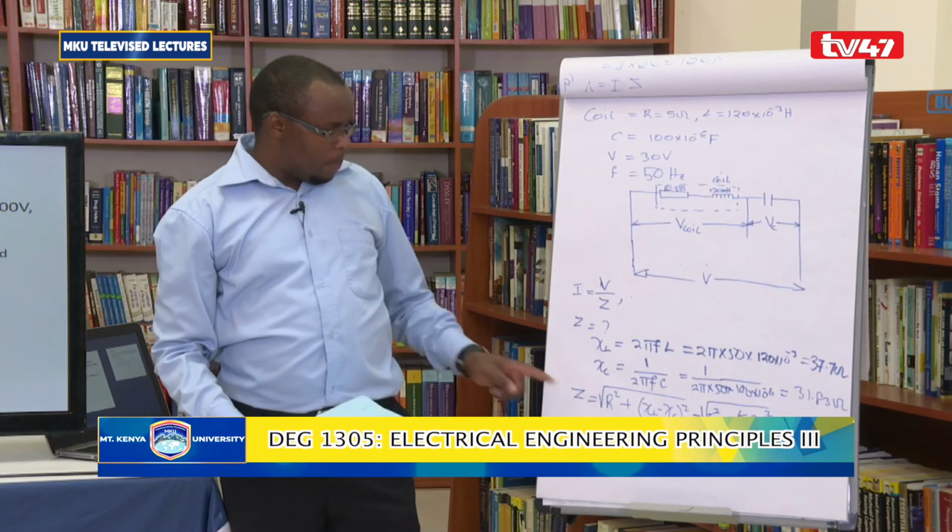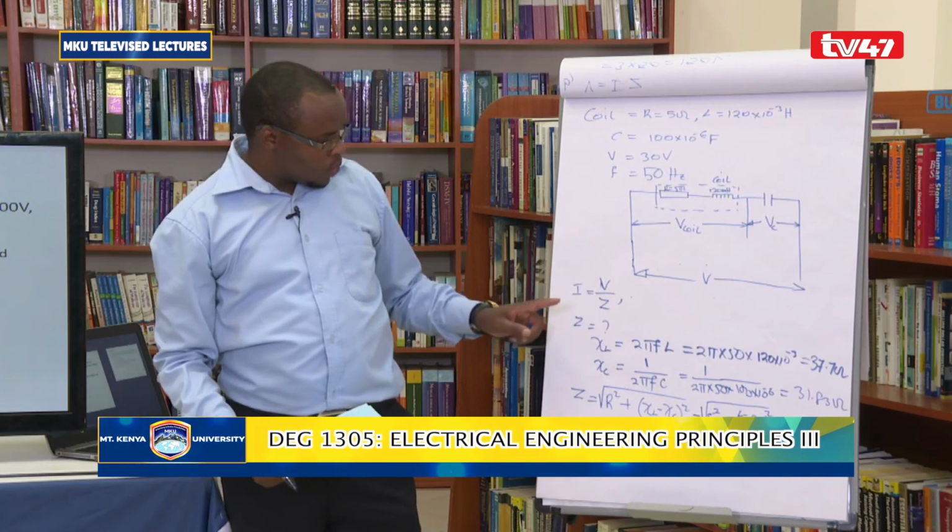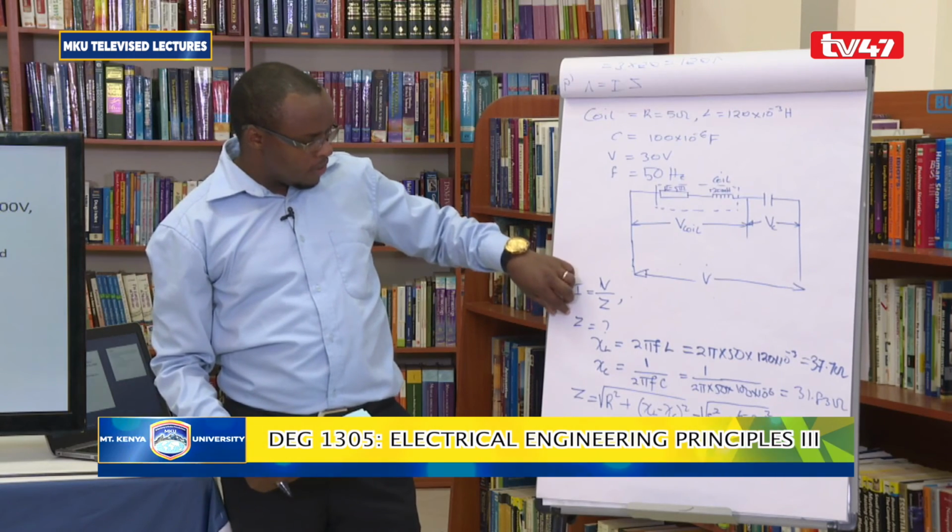So we have our impedance and we have our voltage, so we can now get the value of current.